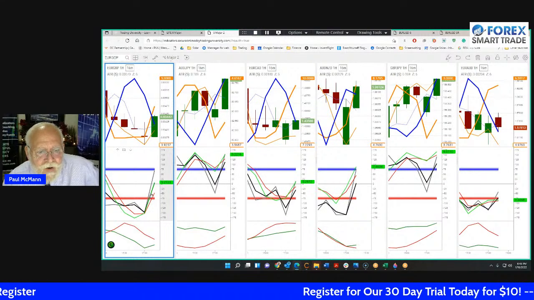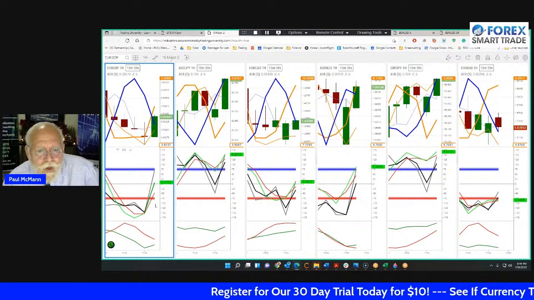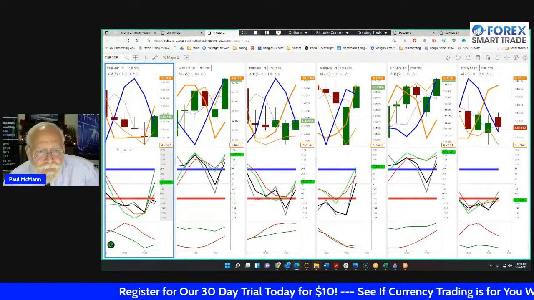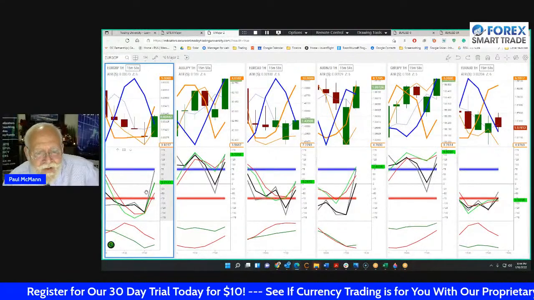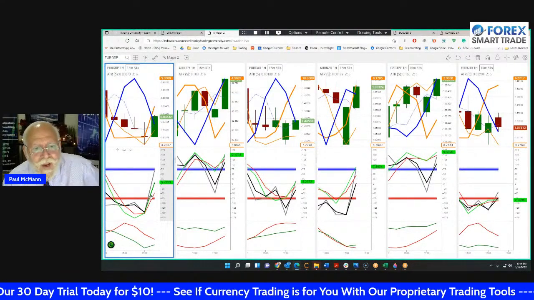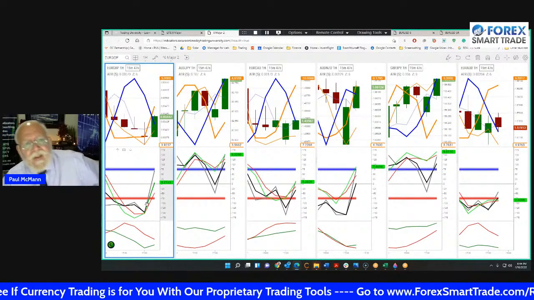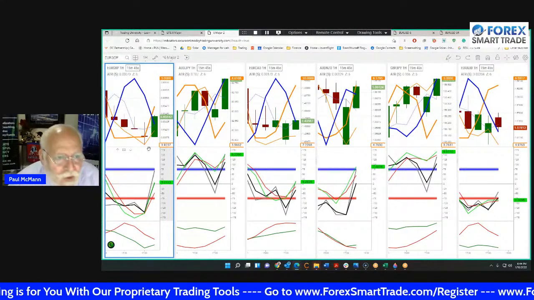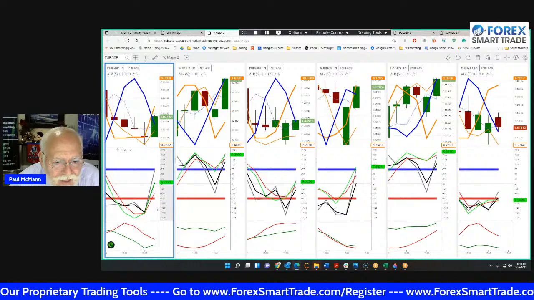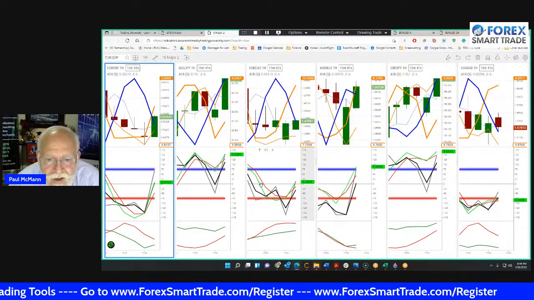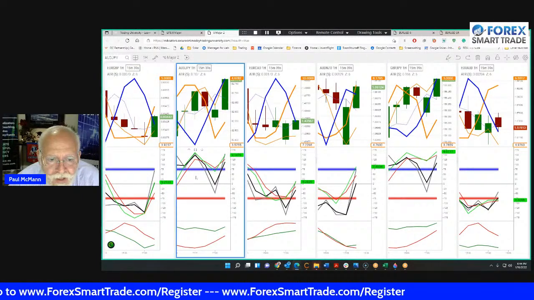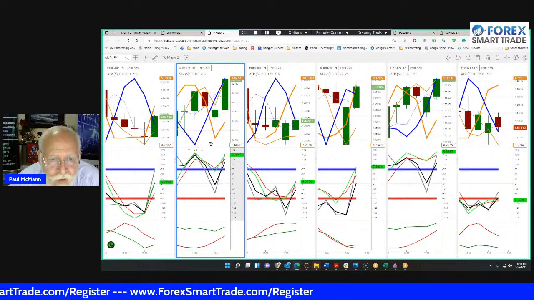In my opinion, I don't like to trade pairs that aren't morning time off of this signal. So I am going to pass, even though I like this part of the signal. So let's keep looking and see if we can find one that is okay.